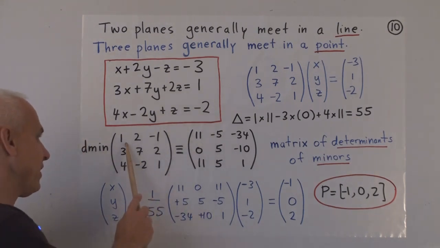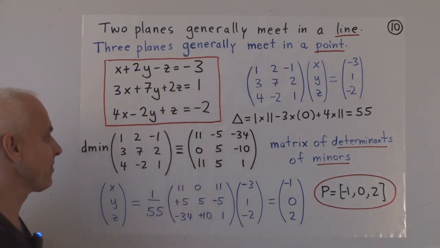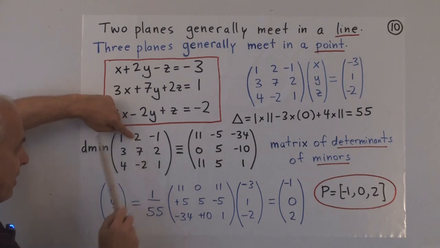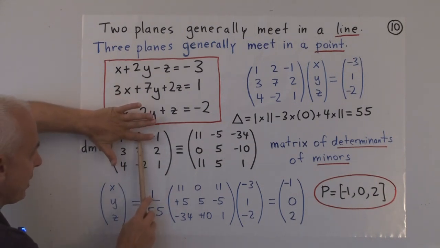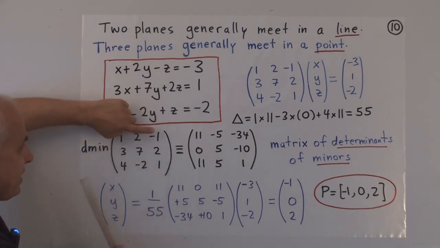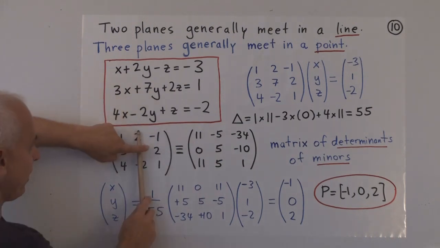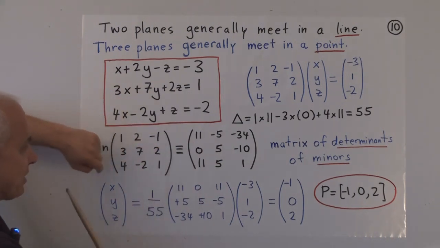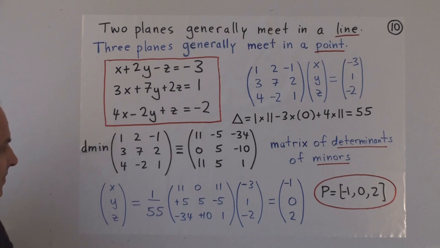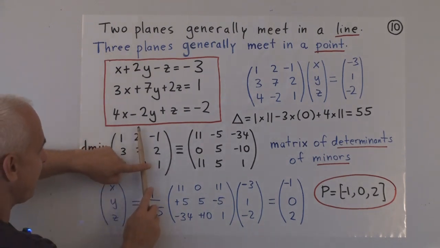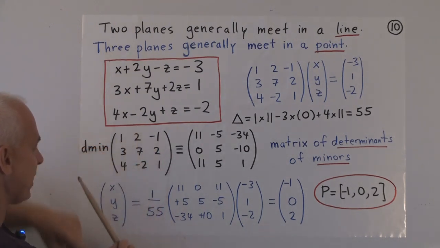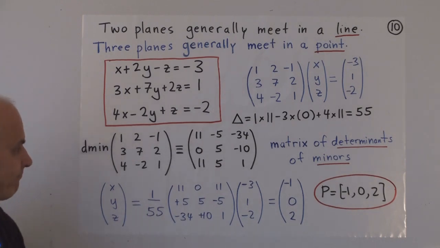We've already calculated these three determinants and their minors. The determinant of the minor corresponding to this one would be 3 minus 8, that's minus 5. And this one will be 1 minus 4, that's 5. This one here, determinant 2 minus 3, that's 5.